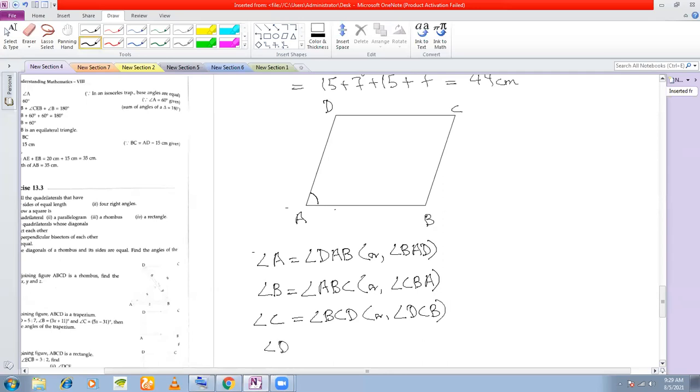And angle D, what do I call it? Angle ADC or angle CDA. Mostly we'll be using all these in whatever we'll be discussing. We'll not be using the short forms.